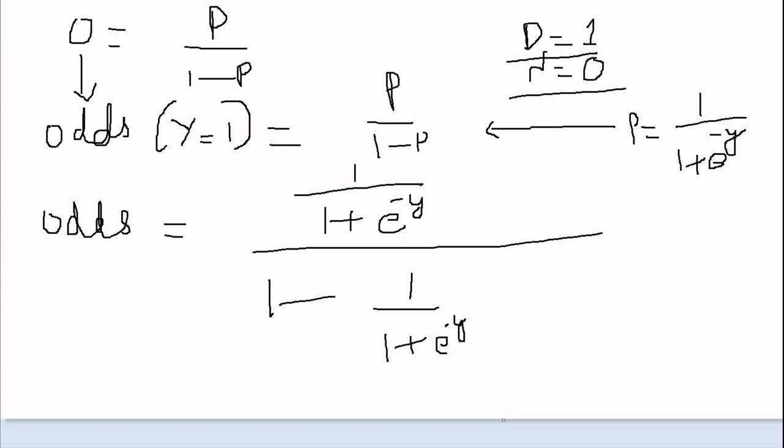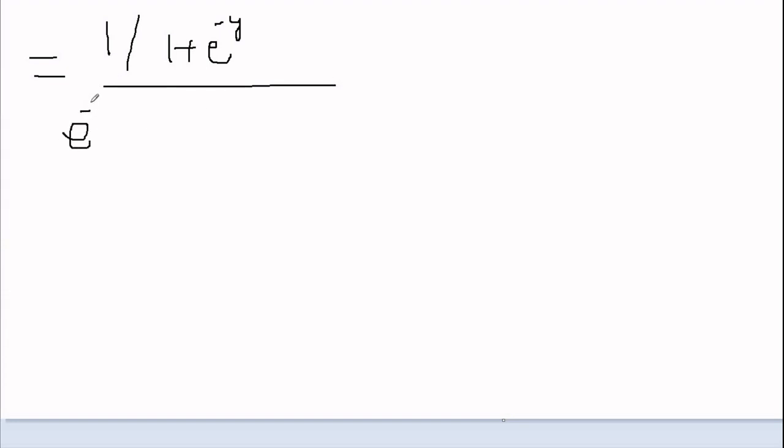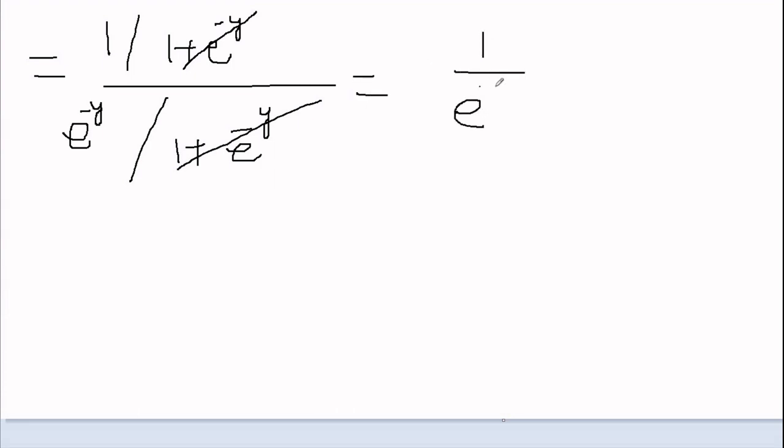Let's solve this and we'll see something really amazing. This equation, if we solve, becomes 1 by 1 plus e to the power minus y divided by e to the power minus y by 1 plus e to the power minus y. Again, if we simplify this equation, these two cancel out, right? So it becomes 1 by e to the power minus y.